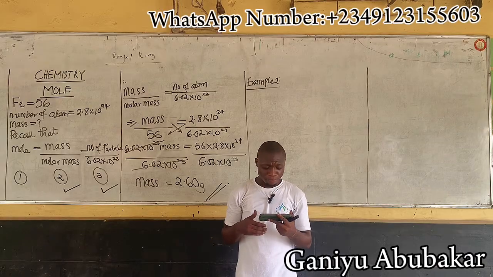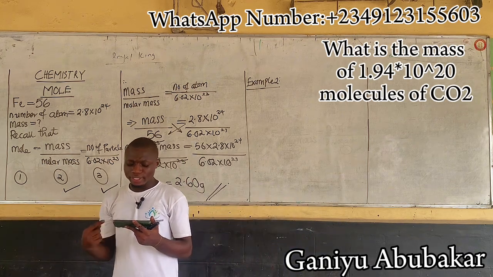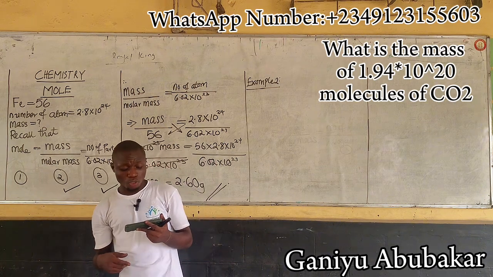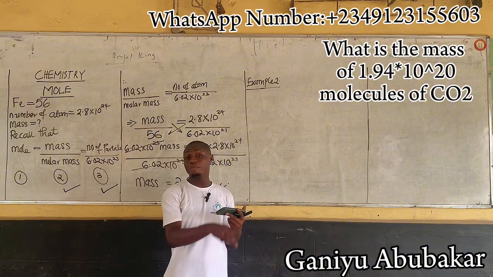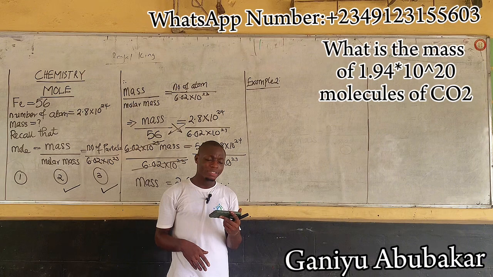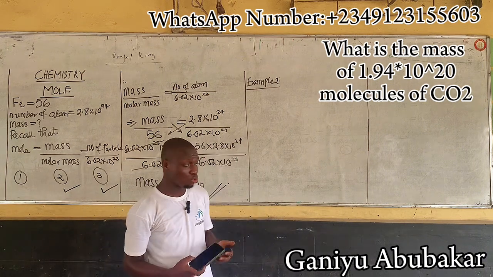It says, what is the mass of 1.94 × 10⁻20 moles of CO2? What is the mass? So I'm looking for mass. I'm given 1.94 × 10⁻20 molecules of CO2.